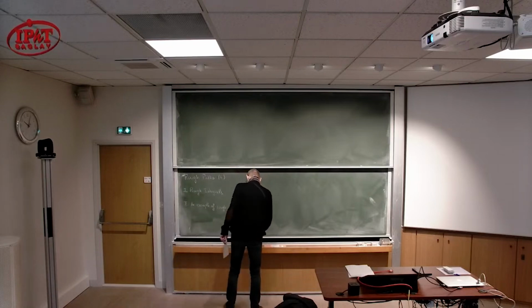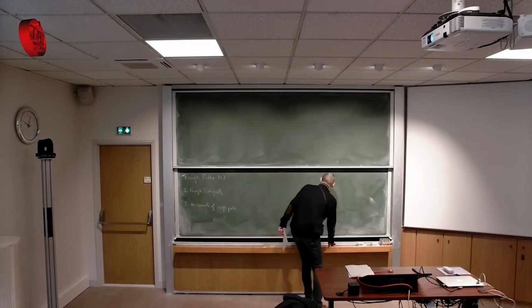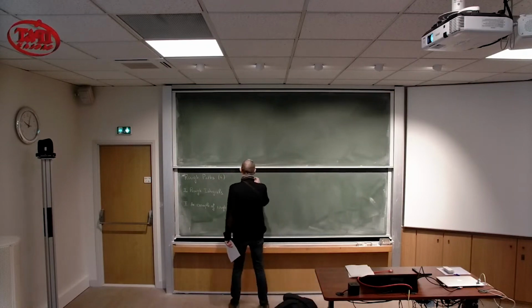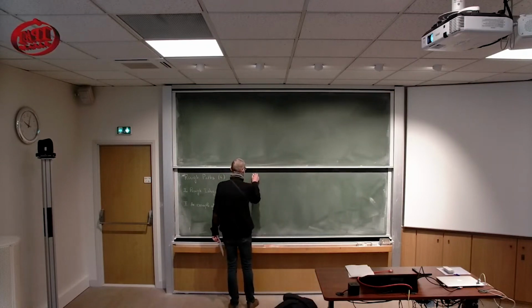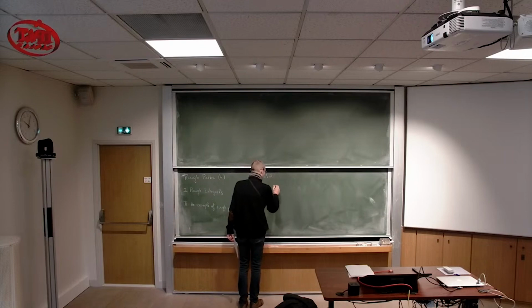So just to motivate, I think I explained last time that our aim is, as usual, we would like to define the rough integral from A to B of something.